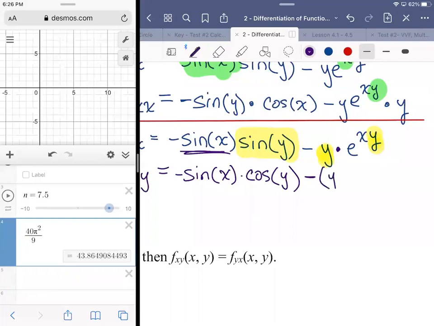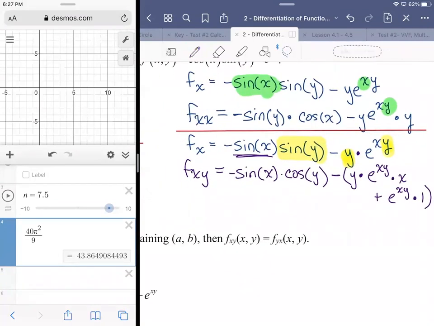So first times the derivative of the second. So with respect to y, it's going to be e to the xy times x, plus the second, e to the xy, times the derivative of the first. The derivative of y with respect to y is going to be 1. So it's really just e to the xy. And I'll put in the plus 1 times 1 there, just so you have it as a reference.